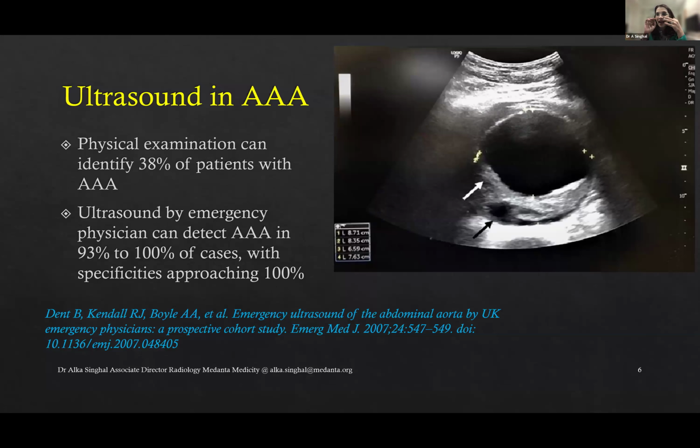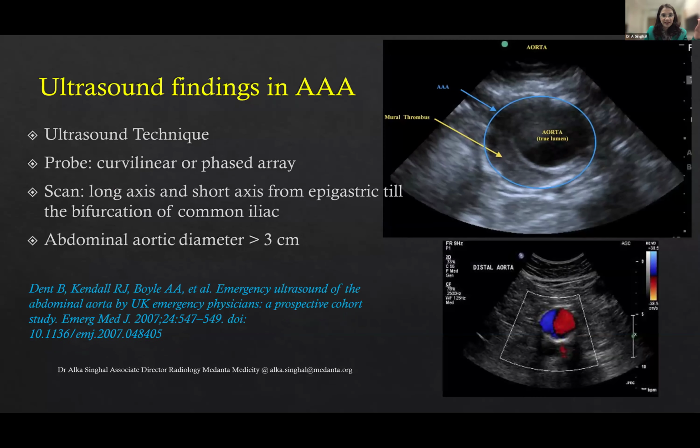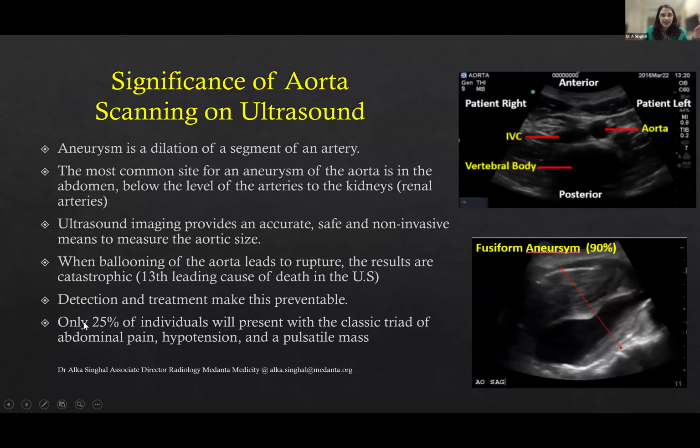Simple test, it can actually do wonders in patient outcome. And I was actually very surprised to see the data: only 25% of patients will present with the classic triad of abdominal pain, hypotension, and a pulsatile mass.